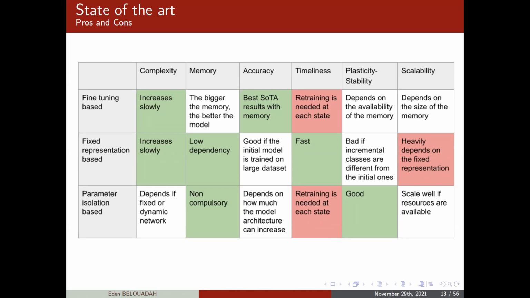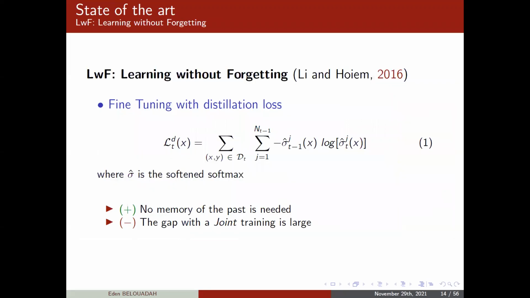They are not dependent on the memory of the past, and they include the new classes fast because no retraining is done at each incremental state. However, their quality is heavily dependent on the quality of the fixed representation. The parameter isolation-based methods do not depend on the memory of the past, and they have a good compromise between plasticity and stability. However, a retraining is also needed at each incremental state.